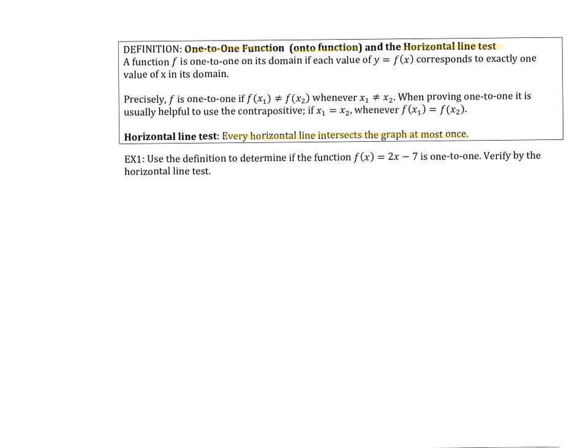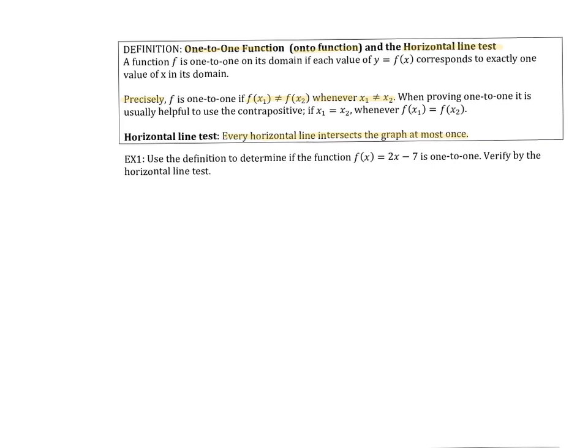But graphs are not an accurate way to show whether a function is one-to-one or not. So there is a more precise way that we can show whether a function is one-to-one or not. If the y values are different whenever the x values are different, then the function is one-to-one.